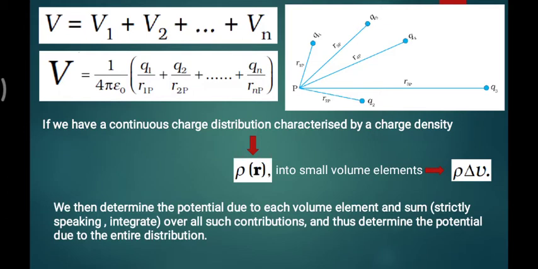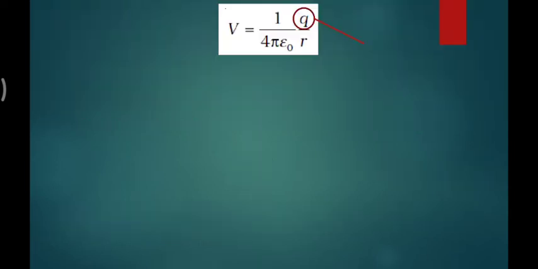When we need to determine the potential due to a small volume element, we find how much charge it has, then integrate over the whole volume, and the total charge will be there. Once you get the total charge, you can put it into the full expression. You will get the potential of the system, expressed as V is equal to 1 upon 4 pi epsilon 0 times q by r, where q is the total charge of the system.